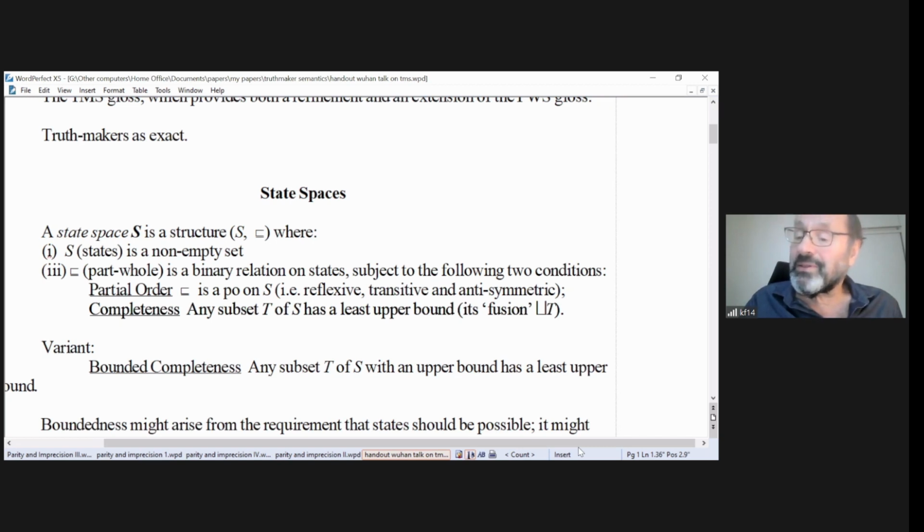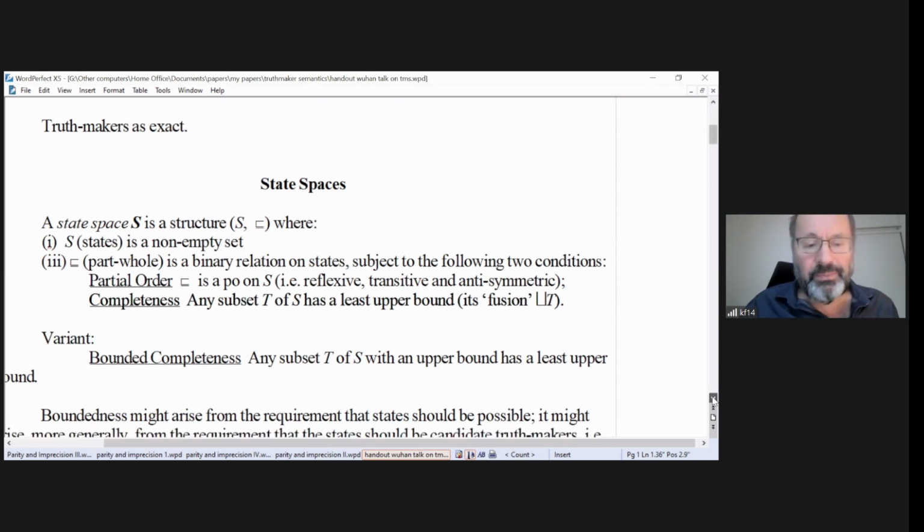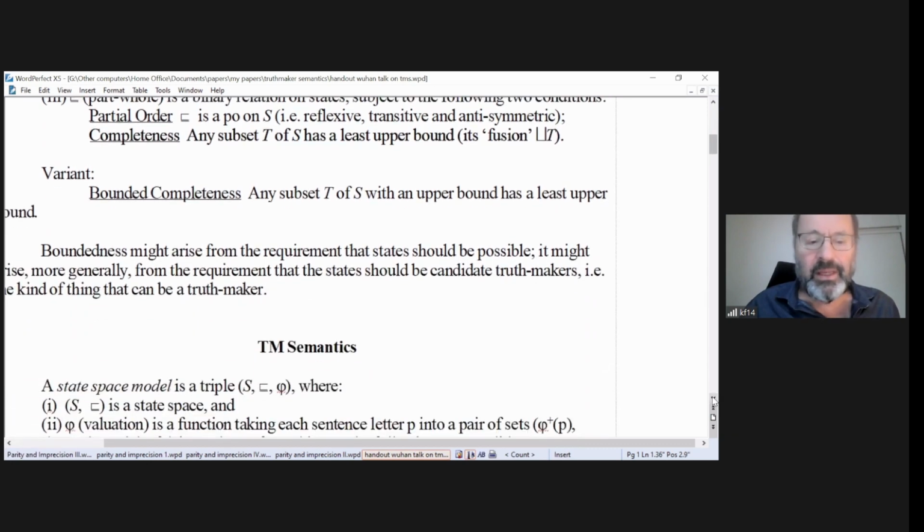So you might think that certain conglomerates of states are just not suitable. They're not the kind of thing that can be truth makers, not because they're impossible, but for some other reason. So I just want you to bear in mind that we might want bounded completeness rather than completeness. So that's the pre-semantic setup.